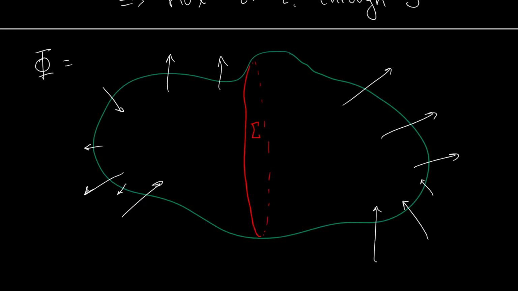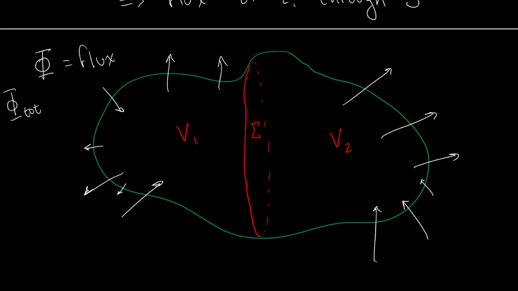Phi is equal to the flux, and in particular, the total flux I'll call phi total. Okay? So what happens if I split this thing up into volume 1 and volume 2?